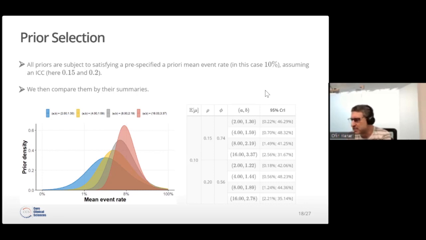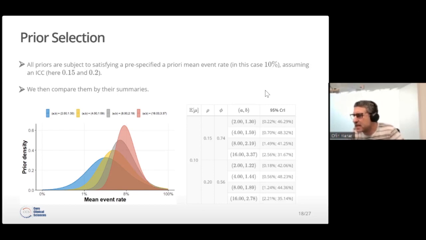Then what I do is I fix the first hyperparameter at some integer, in this case 2, 4, 8, and 16, just to see the differences between the different priors. And all of these other conditions constrain the other parameter to match a certain value. So in this case, for example, at the top one, we get a hyperparameter of b equals 1.3. I then inspect visually all of my priors and see what they look like and calculate some summaries of those.